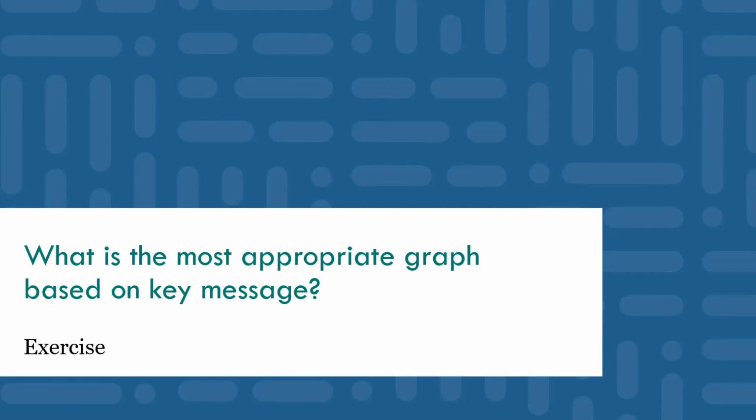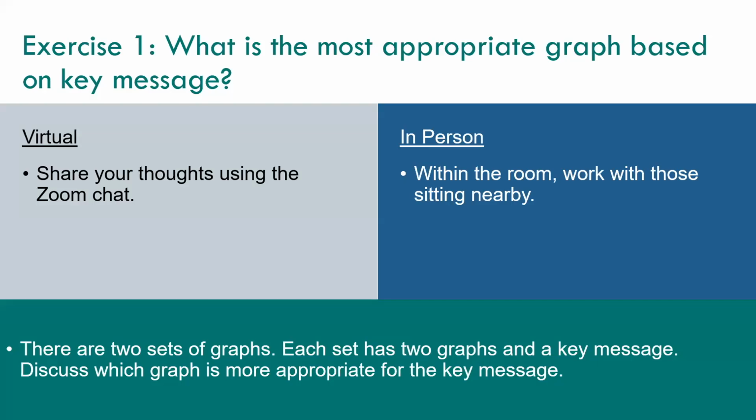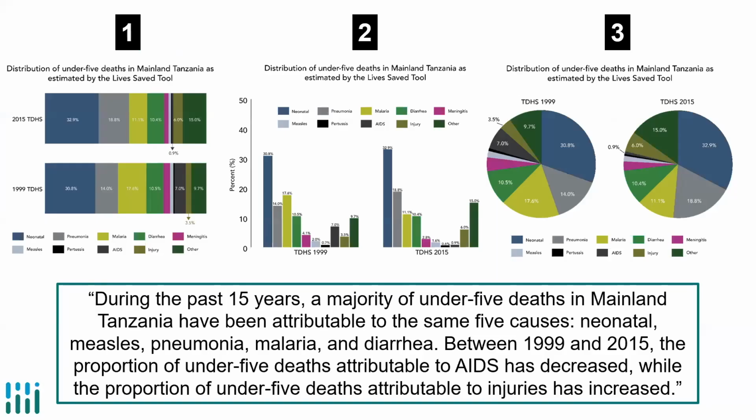The objective of the study was to characterize data visualization interpretation capacity and preferences among Tanzania stakeholders. This is the exact exercise from the study, where we showed individuals different versions to visualize the same data. So I'm going to pause right here.